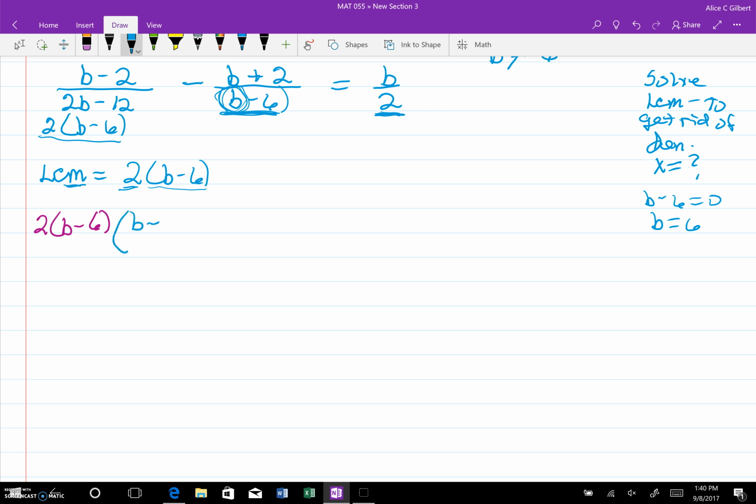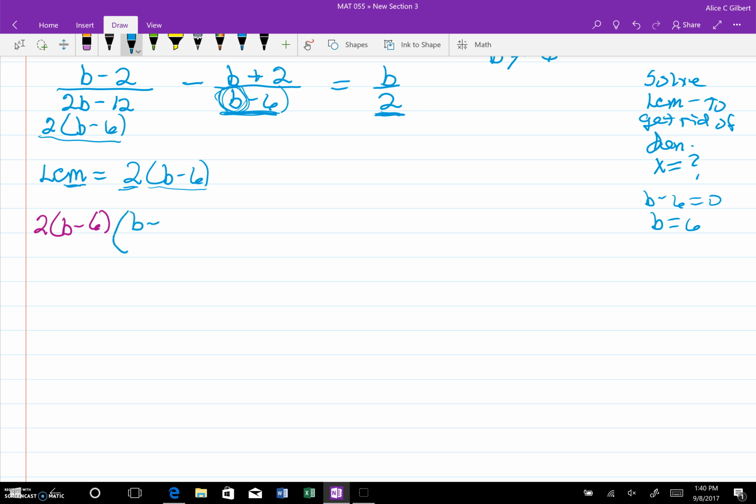But I don't have a minus, so I'm just going to put my LCM. And again, you guys don't need to do different colors. I'm just doing this so you can see what's the same and what's different. And then I multiply it times the last term. Okay? Now let's go back to our expression and see what we do next.